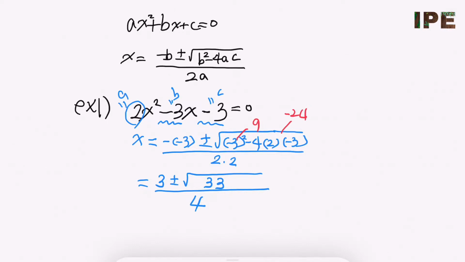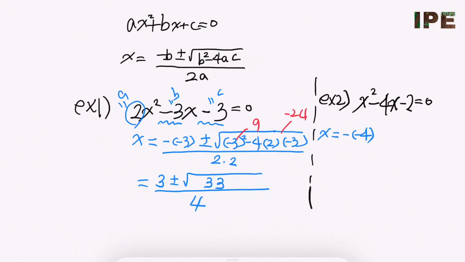I give you another example. X squared minus 4x minus 2 equal to 0. By the formula, x equals negative b, negative 4, plus minus square root of b squared, negative 4 whole thing squared, minus 4 times a times c, all over 2a.